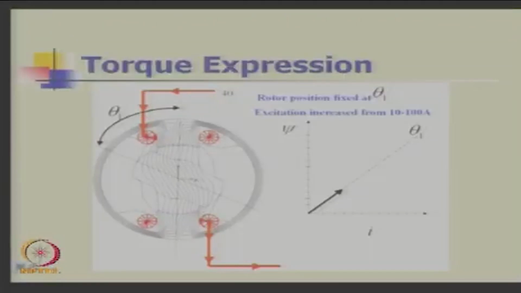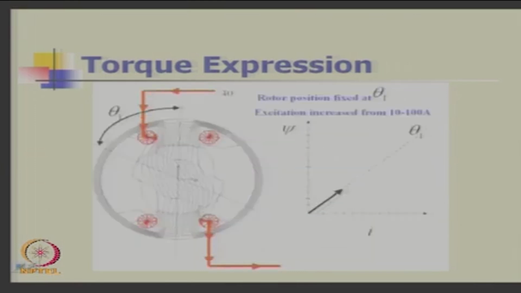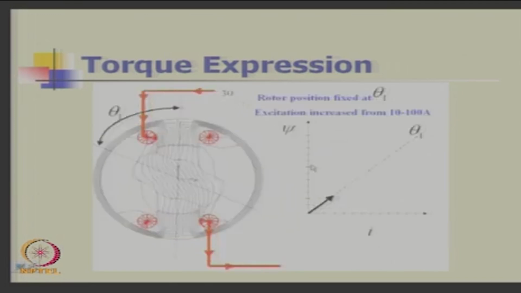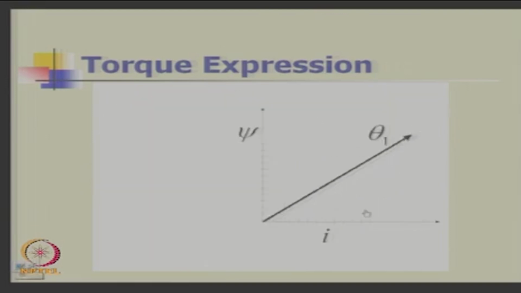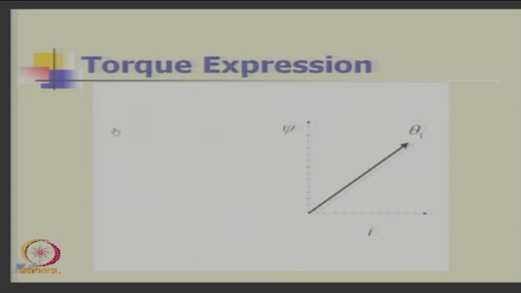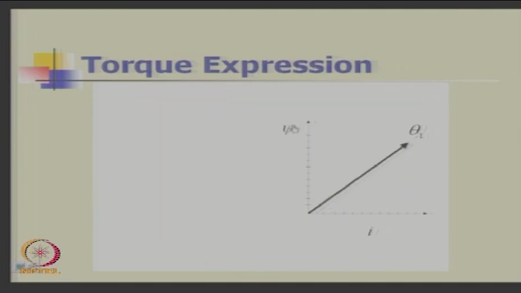Right. Now, we are increasing the current. Okay, now 20 amperes, right? You see here 70, 80, 90, 100. So, the current is going up and as the current goes up, flux goes up, right. For a given position theta fixed, this is the variation of flux linkage psi with current.